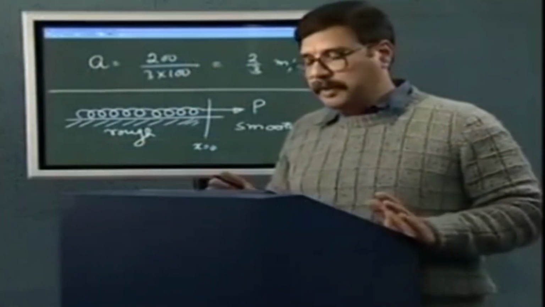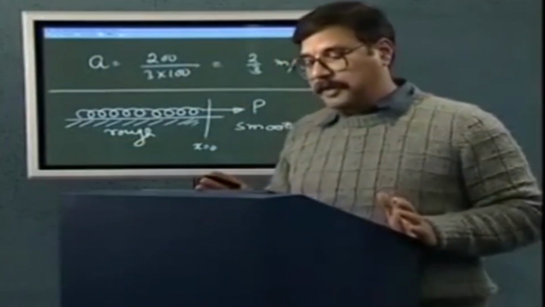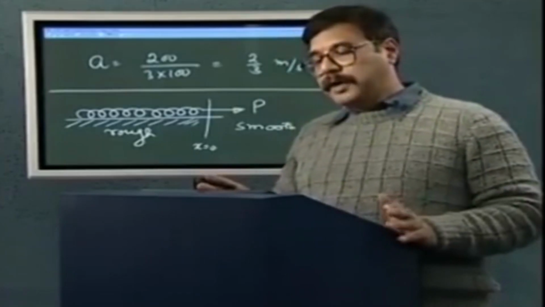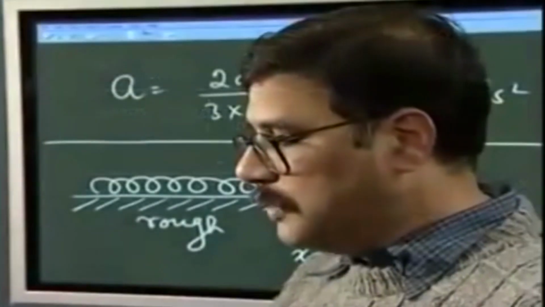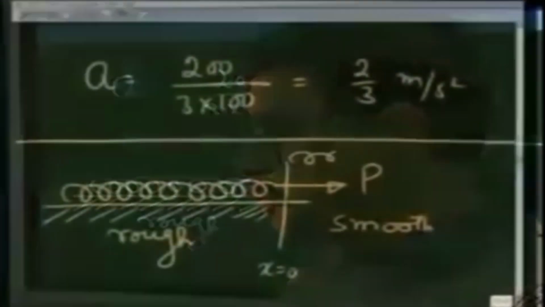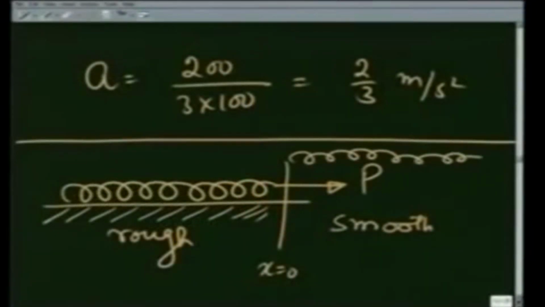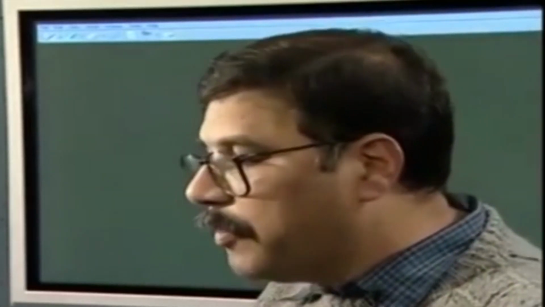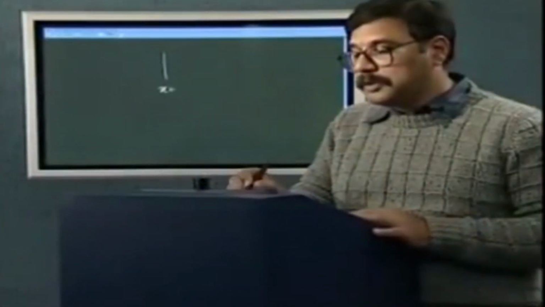So, we are not making that any complicated. It starts moving, and I want to know when this chain is fully outside the rough, it has come fully out, what is its speed. Okay. So, let us now make a picture in between when it has come out partially from x equal to 0.